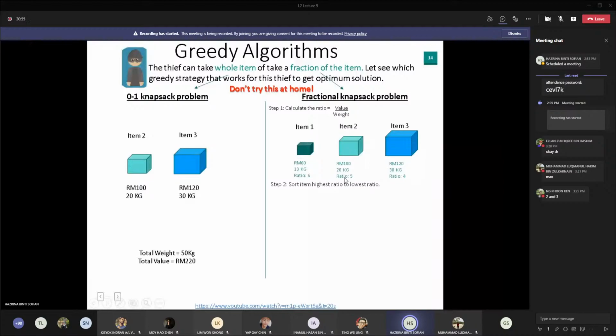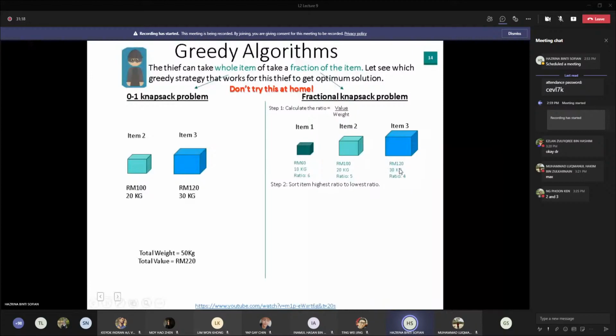In total, we have 30 kgs in the knapsack. However, how much can the knapsack of this thief hold? 50. But if we take the entire item here, it won't fit his bag, right?